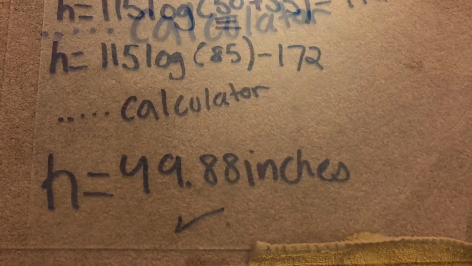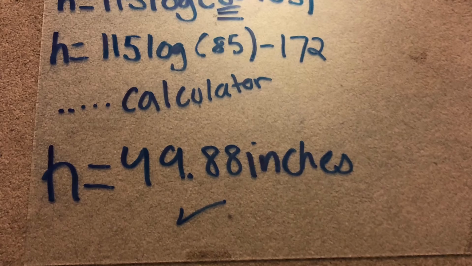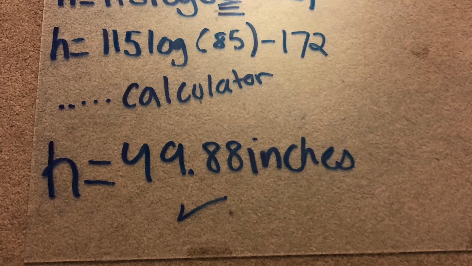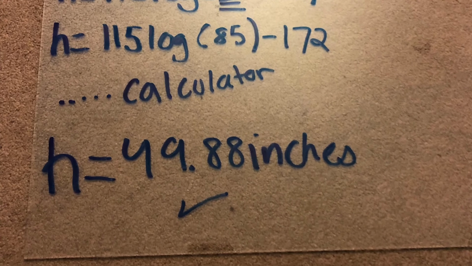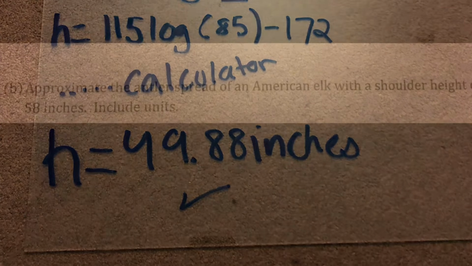After you got everything plugged in, you just want to put that all in your calculator at once, and you'll get your answer. So once I plugged all of it in my calculator, I got 49.88 inches, and the problem is complete.